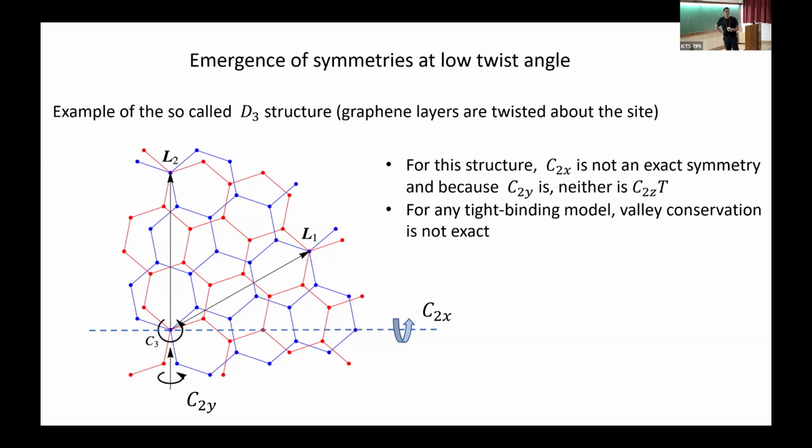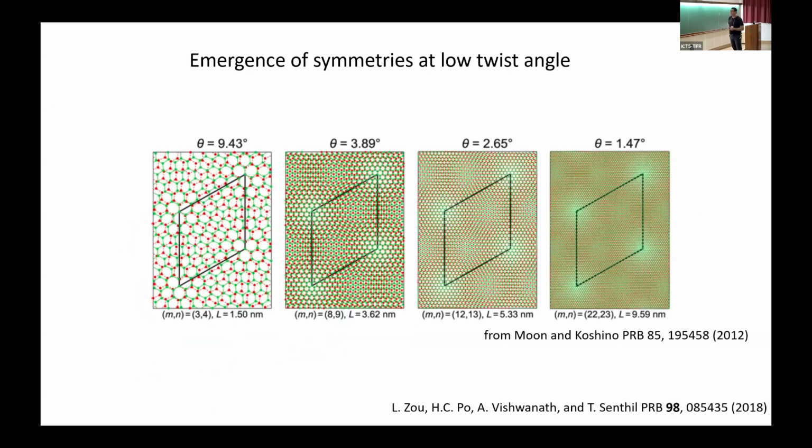So the question is, does all of this go out of the window the moment the symmetry is no longer exact? And the answer is no. The reason for that is because this is really an emergent symmetry. So in other words, what I showed you is true when you are able to resolve these atoms, in other words, when the size of the real space unit cell is larger but comparable to the size of the atomic spacing.